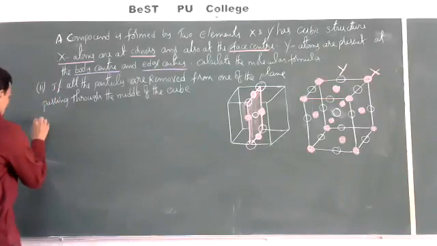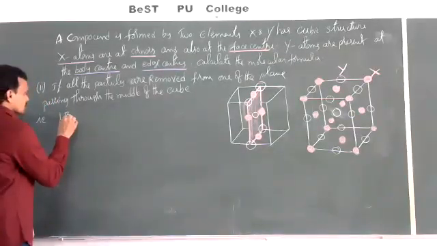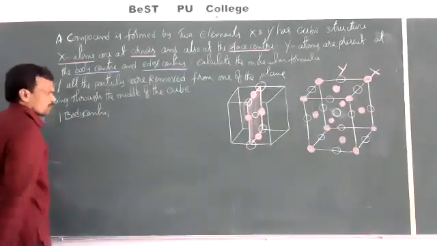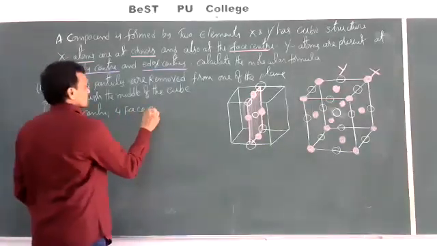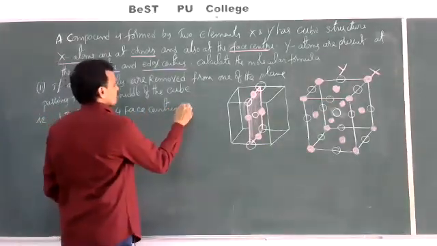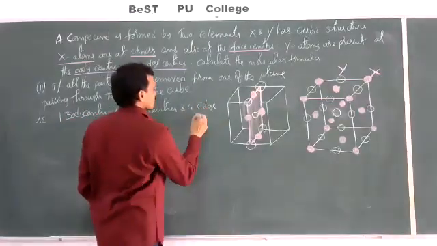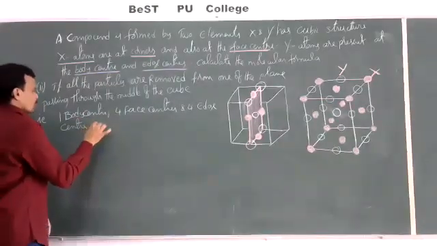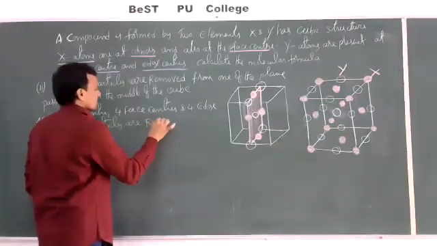That is, now I'll write which particles: one body center, 4 face centers and 4 edge centers particles are removed.